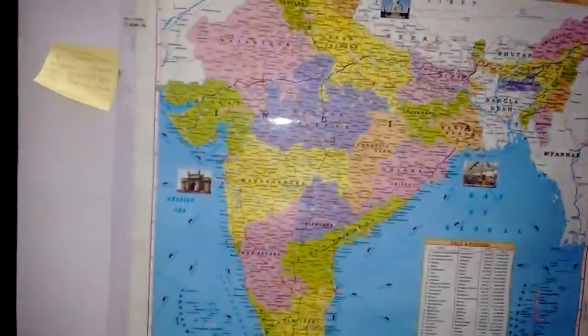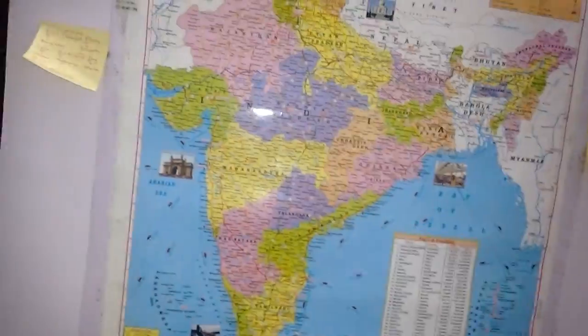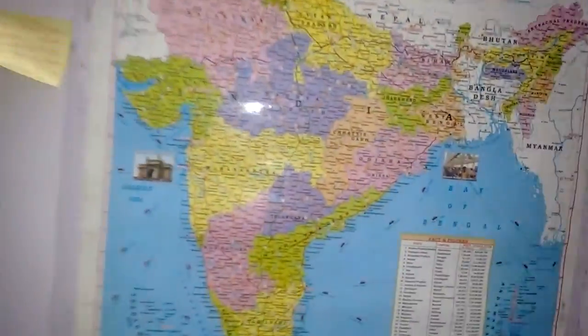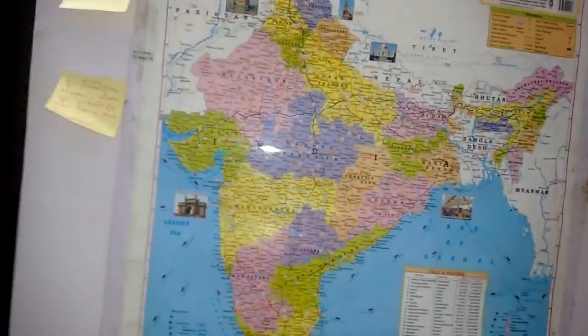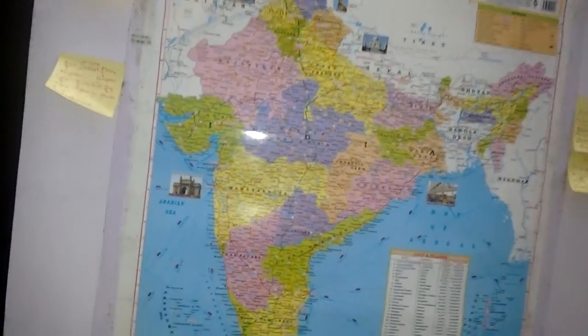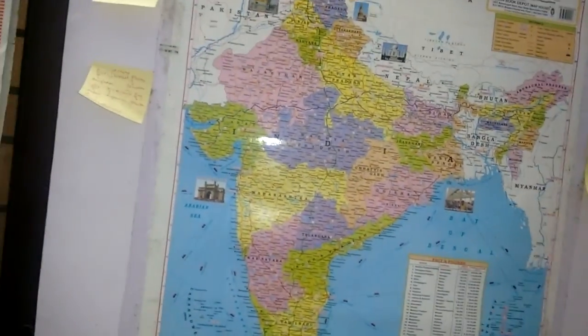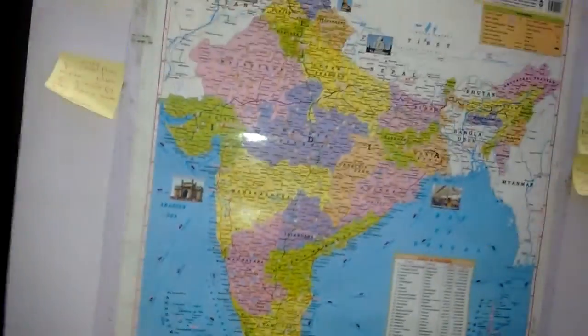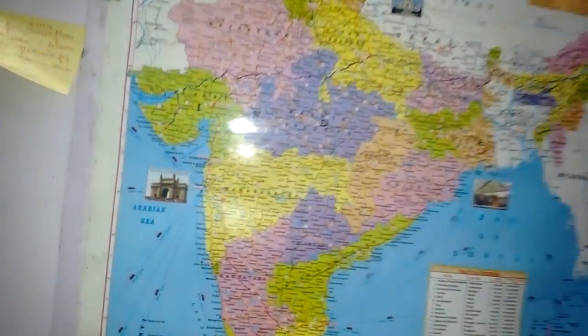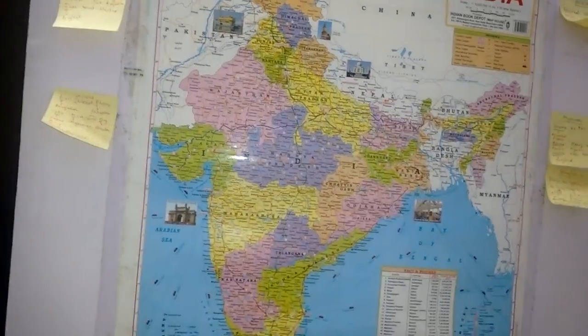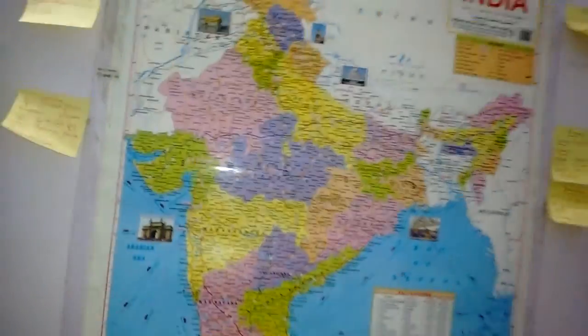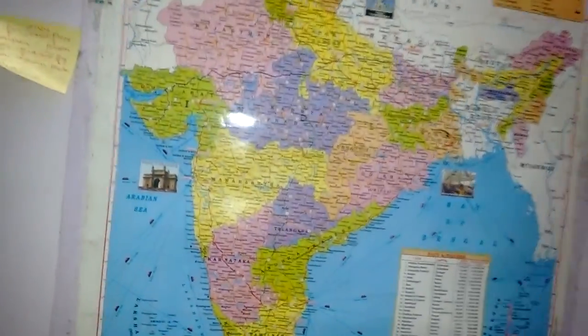And one more thing, if any point gets flashed on the map in an exam, suppose in the news there is more discussion regarding nuclear power plants located at some place, suppose discussion about a Gujarat issue, or a Jharkhand issue.